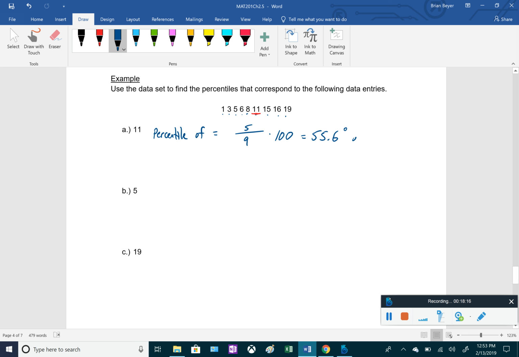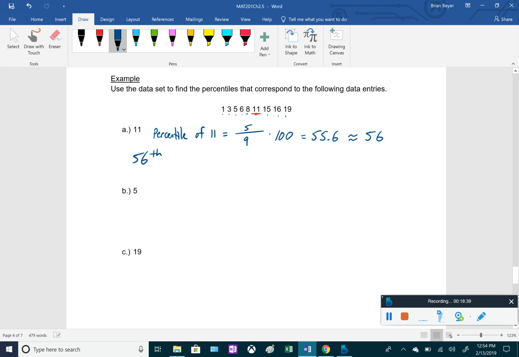So I'll leave the percent out for now just because I didn't have it on the 100. So 55.6. So this is going to round up to 56. So round to a whole number. So the percentile of, oops, I forgot to put 11 here. Percentile of 11, we would say 11 is at the 56th percentile.